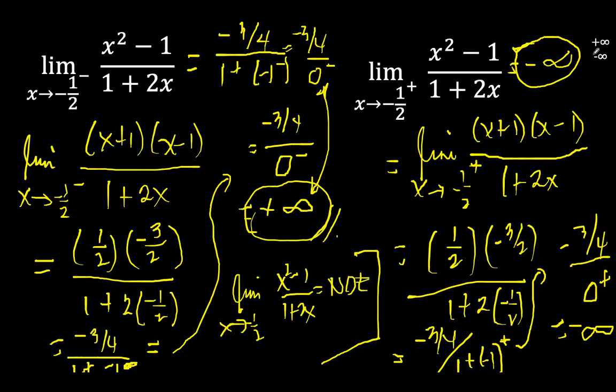Why? Because they're not equal in the first place, and the other reason is they're not real numbers. Based on the definition, the limit exists if and only if the limit on the left-hand side and the limit on the right-hand side are equal, and the limit is a real number.